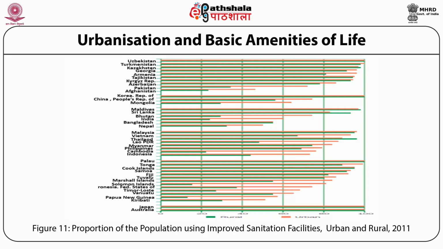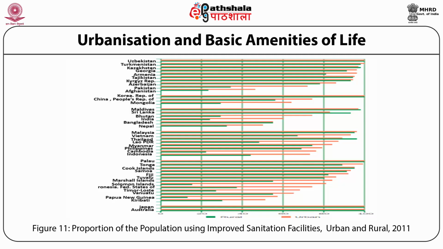Similarly, the sanitation facilities are also higher in the urban areas. In low and middle income countries, in rural areas, only 43% of population has access to improved sanitation facilities as compared to 73% in urban areas.